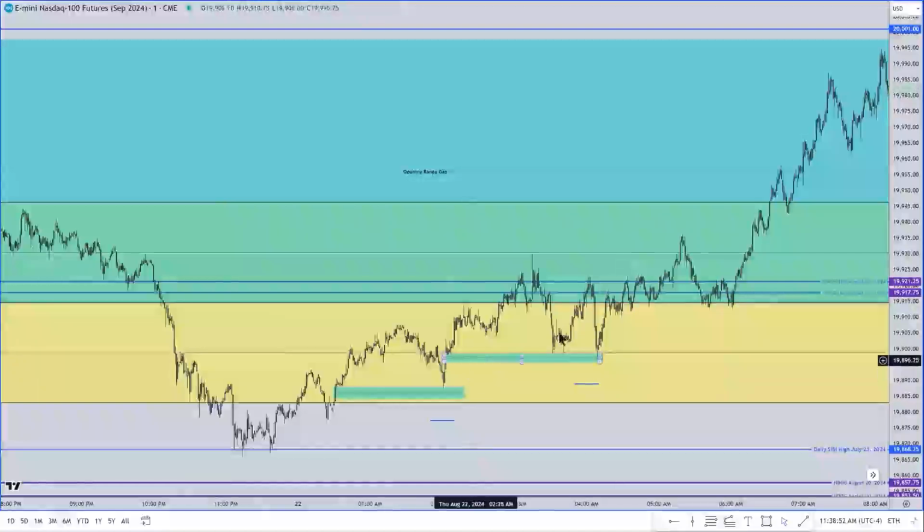Lower quadrant, consequent encroachment, fair value gap, time. What time is the setup going to form? If there's an algorithm, that means it's going to do something based on a repeating time. It's a time-delivered mechanism that price will begin to spool.